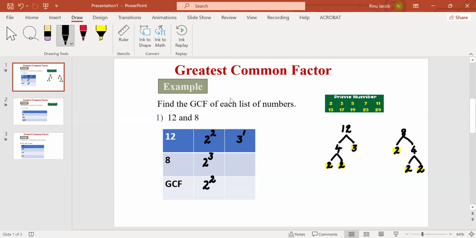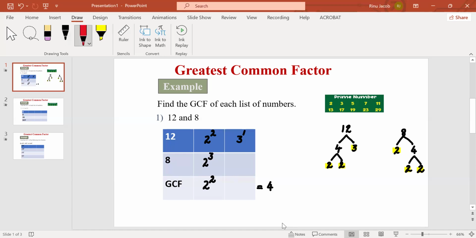Here you can see that 3 to the power 1 is there for 12, but there is no 3 for 8. So that means there is no common factor for 12 and 8 with respect to 3. So I cannot take any number down. So 2 square is nothing but 4. So 4 is the greatest common factor when you talk about 12 and 8.